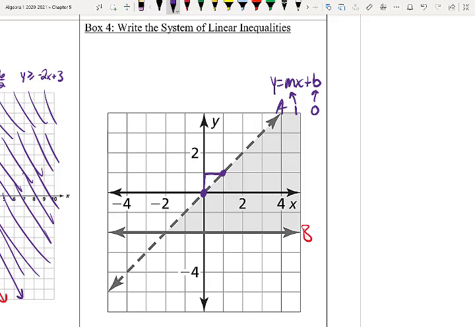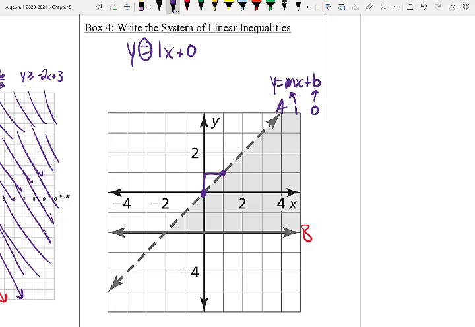From here, I have to figure out which inequality is going to replace the equal sign in my equation, because it's looking like just y equals 1x plus 0, which we could totally clean up if we wanted to, and just say y equals x. But now we need to worry about what inequality is going to replace my equal sign.